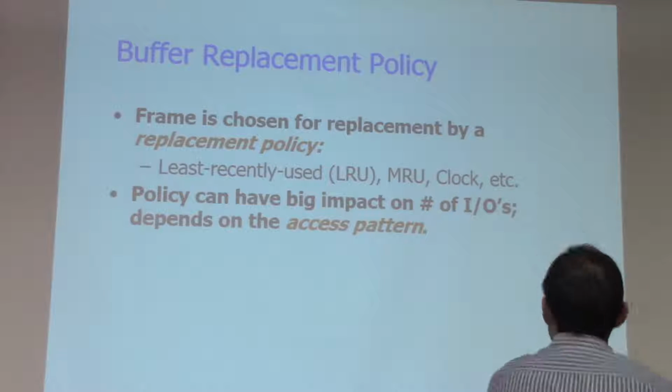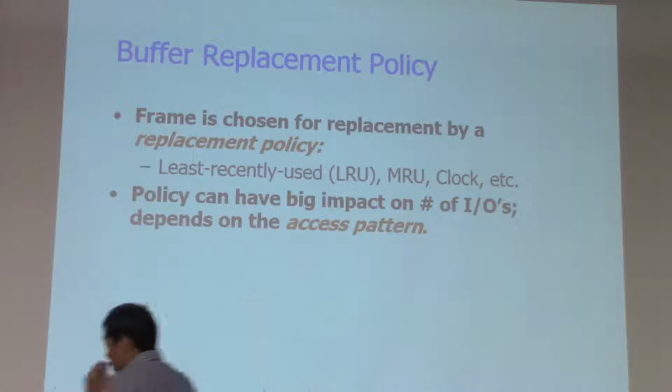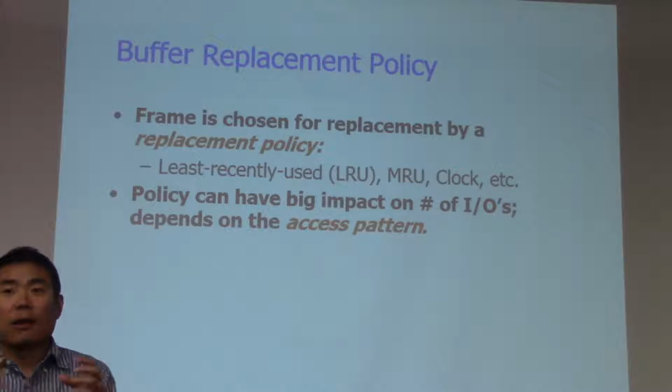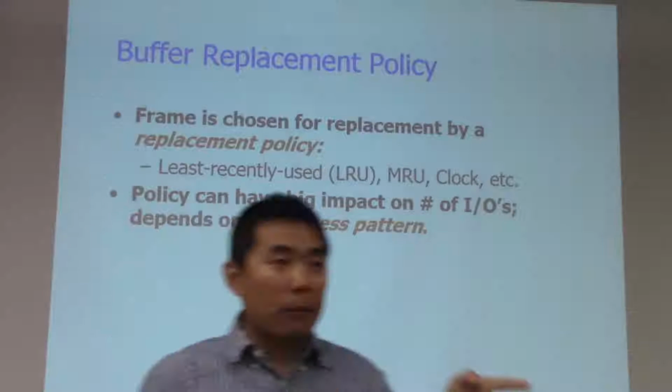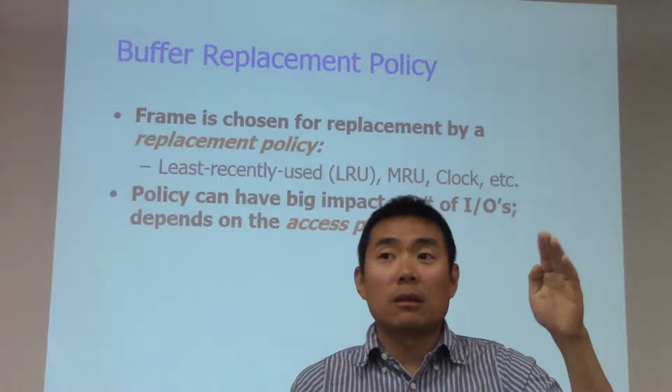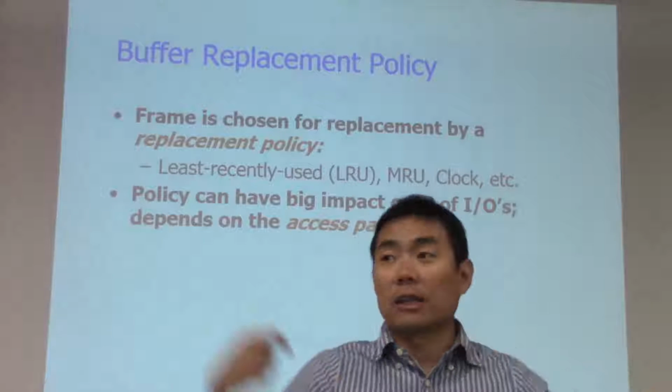Let's look at one particular example. Let's say we look at LRU, least recently used. The name clearly indicates what this algorithm does, right? If you have multiple choices to replace, the one that is least recently accessed by any thread.